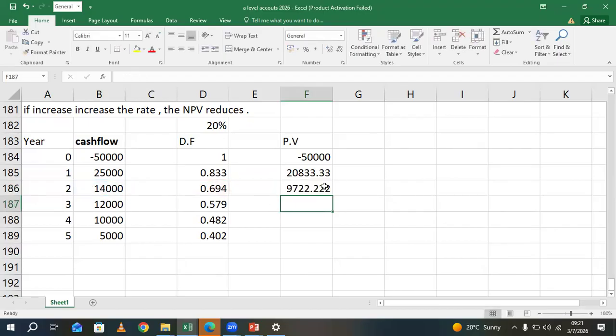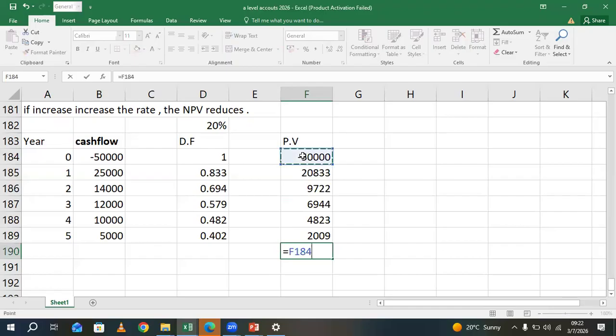So we copy the same function. We've been multiplying the cash flows times the discounting factor. So what is the net present value?